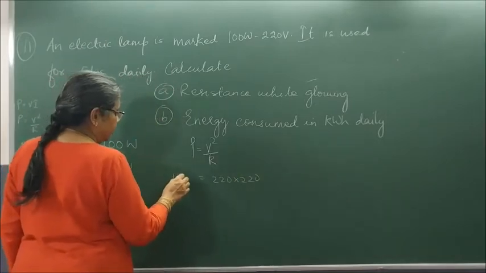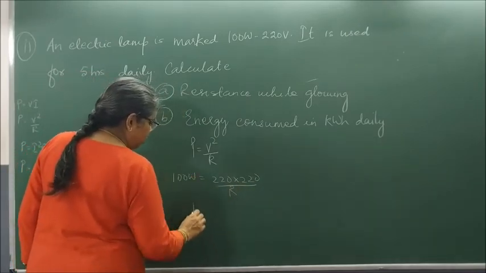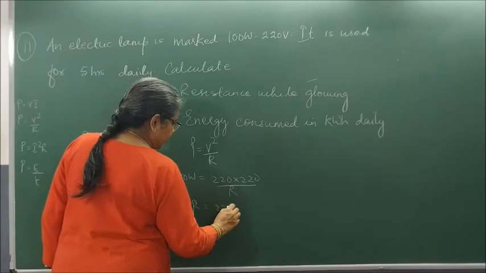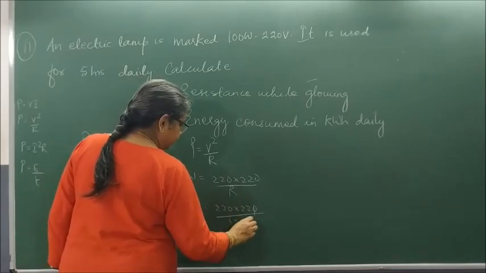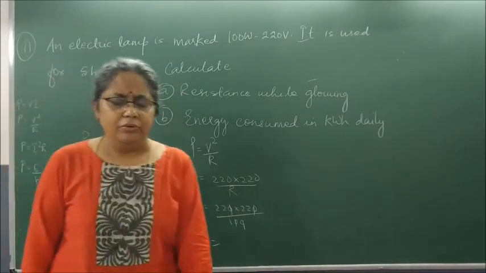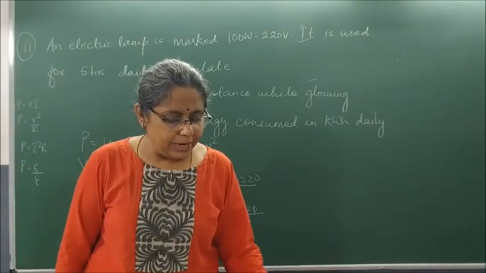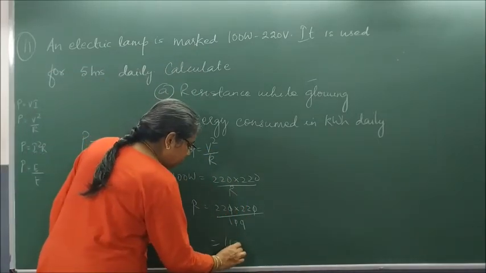P is given as 100 watt and I need to find out R. So R is equal to 220 into 220 by 100. 22 into 22 is 484. So please write R is 484 ohms.